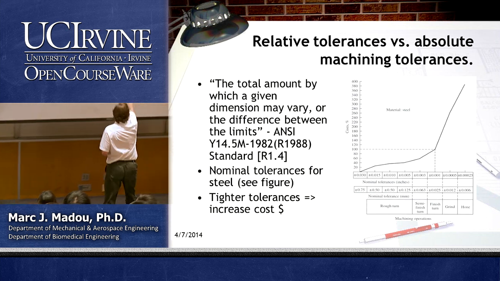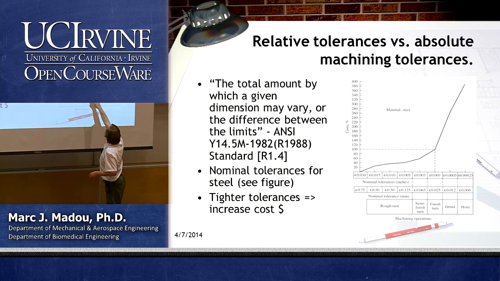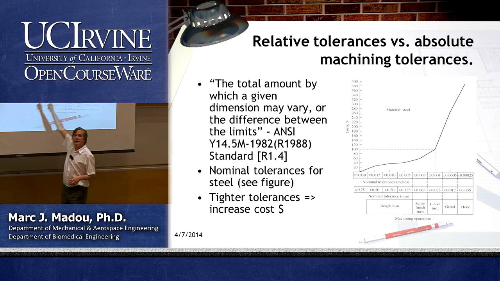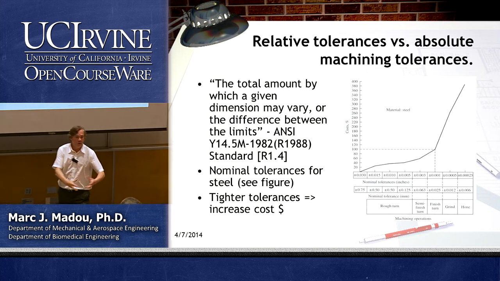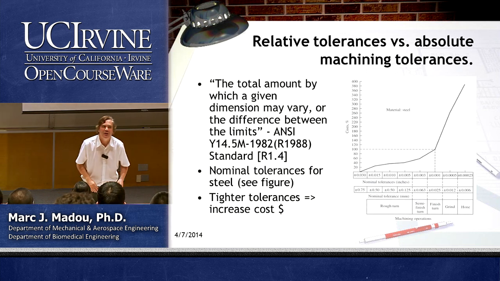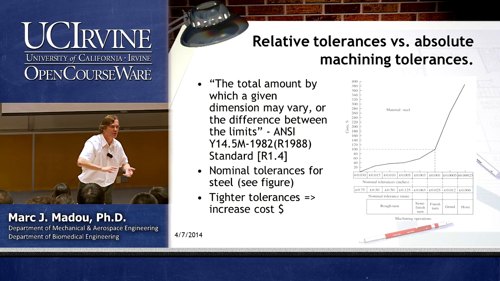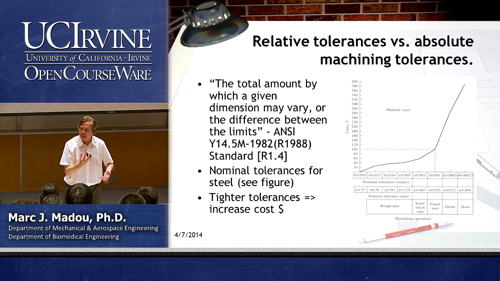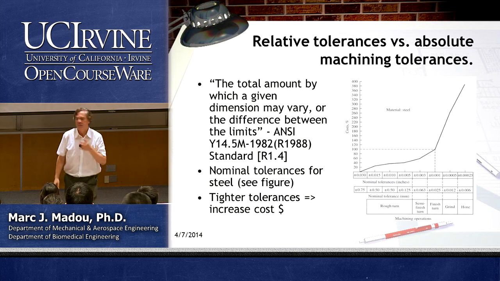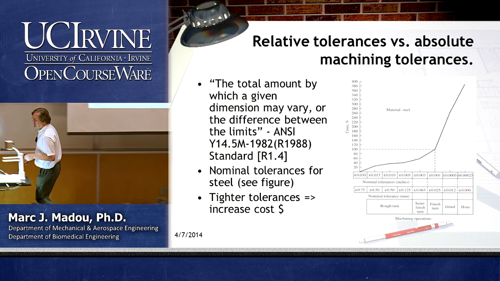And as you can expect, as the nominal tolerances decrease, the cost really shoots up. And so you will see that molding something, CNC machining, has a certain cost, but it's relatively low compared to you having to polish it. The finer the steps, the last steps, the bigger the expense of the object you're making. Very good. So that was the first class, and let's go on to class 2.